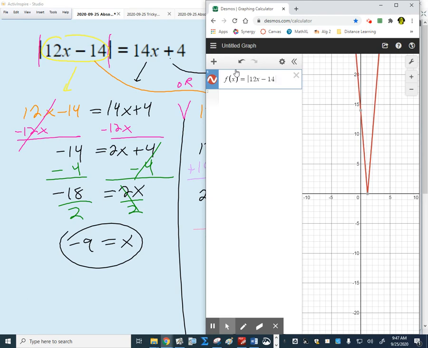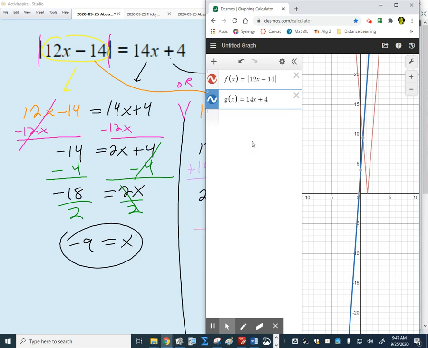Okay, and I'm going to make another function, call it like g of x. And that's going to be equal to the right side, which is 14x plus 4. It's all I've got to do if I want to see if these solutions worked.